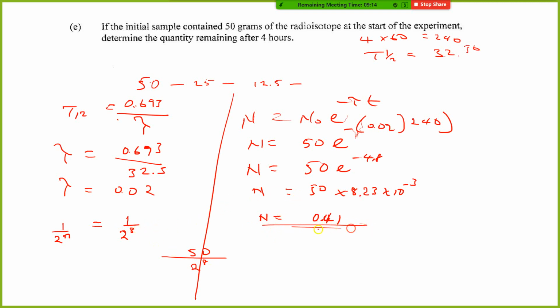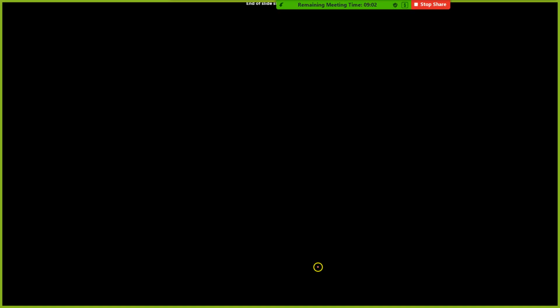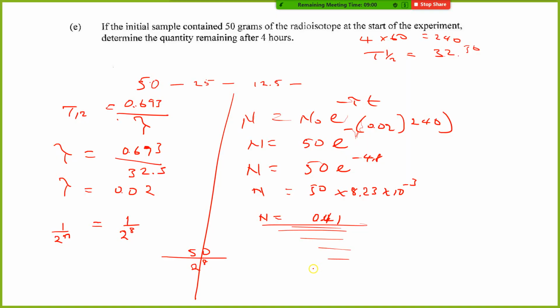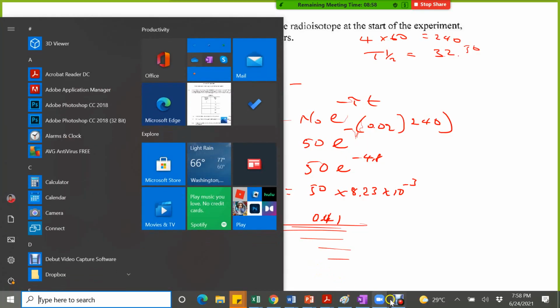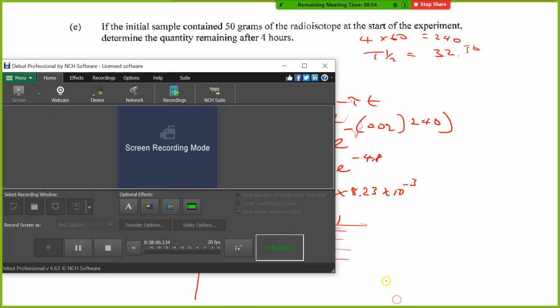But this is the equation you could also have used to find the remaining substance. So that's it as it relates to this part. Practice more questions related to radioactivity, of course.